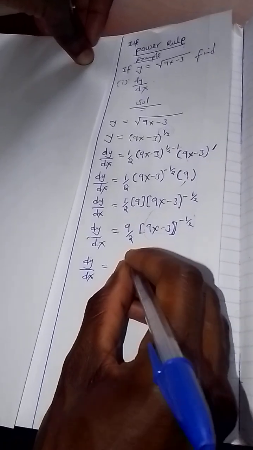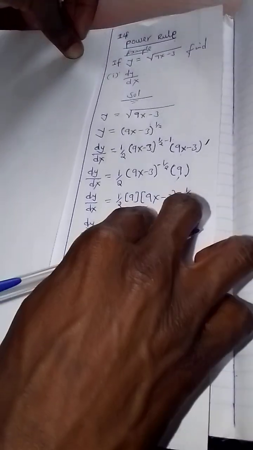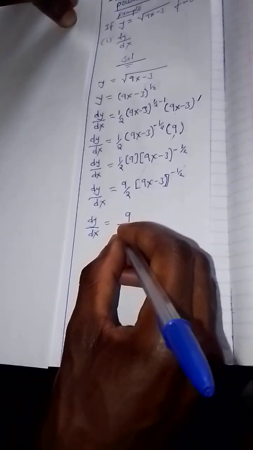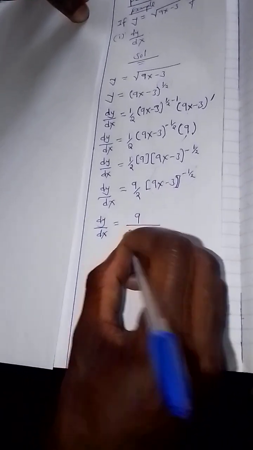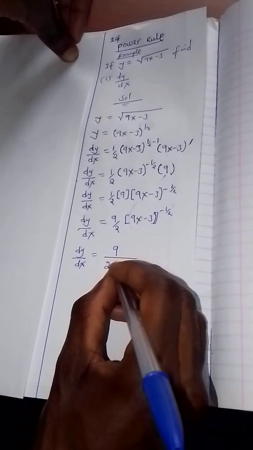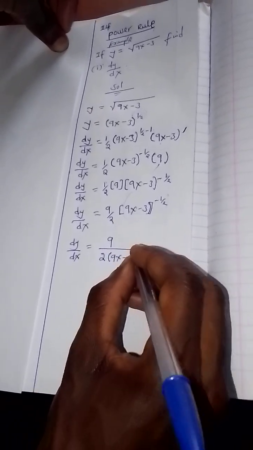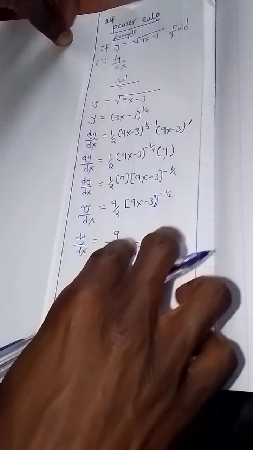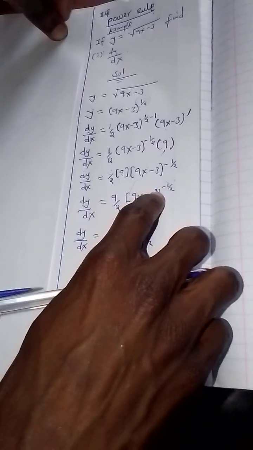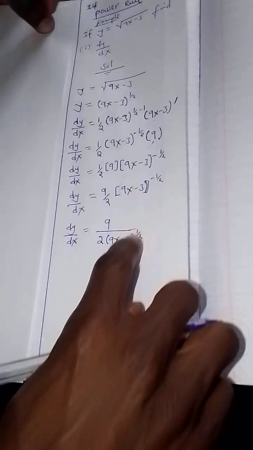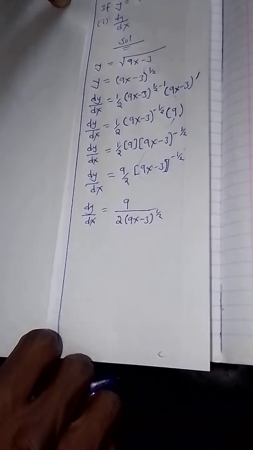So 9 will remain, and we already know that 2 is in the denominator. So we take 9x minus 3 to the power negative 1 over 2 down like this, and the power becomes positive 1 over 2.